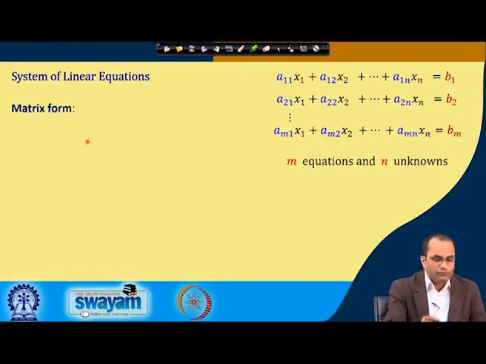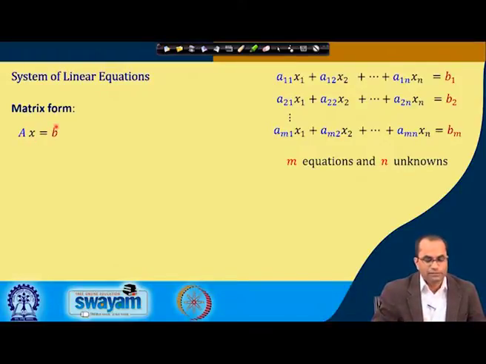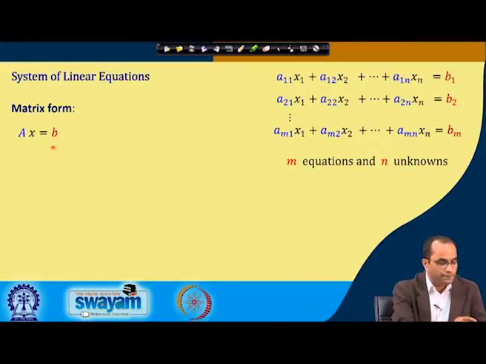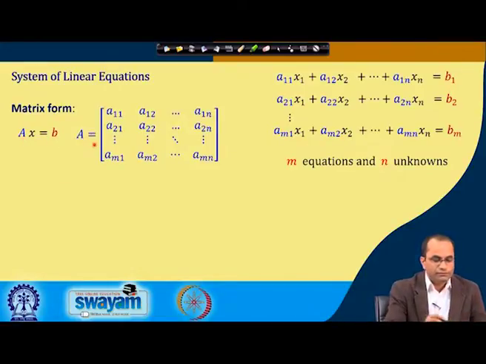In matrix form we can write these equations as Ax is equal to b. A is the coefficient matrix, x is the vector of unknowns, that is x1, x2, x3, xn, and b is the right hand side vector, with components b1, b2, b3 and bm. In the coefficient matrix, we collect all these coefficients: the first row contains a11, a12, a1n, the coefficients from equation number 1.